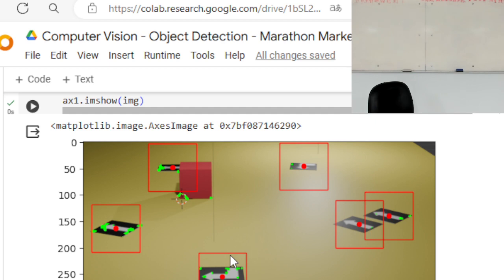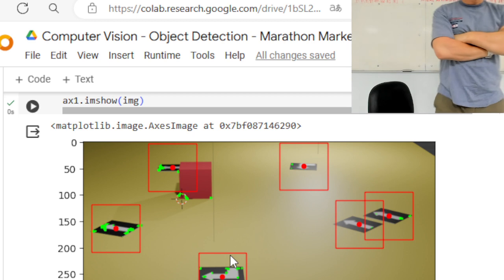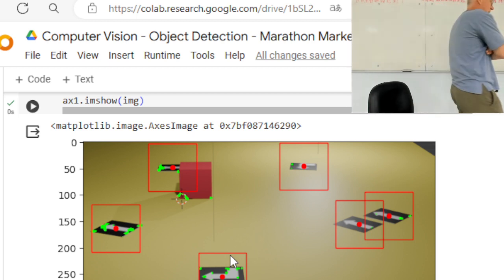And then once we have the marker, we would have to find the orientation of the marker as well as the type of the marker. So we need the position or the rotation of the marker as well as the type of the marker.